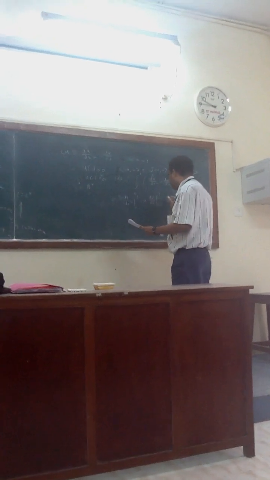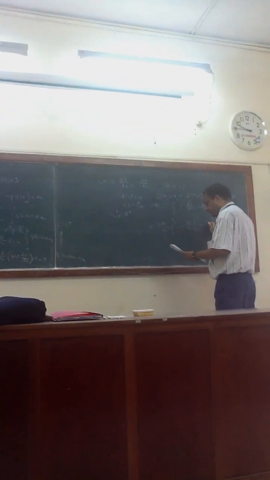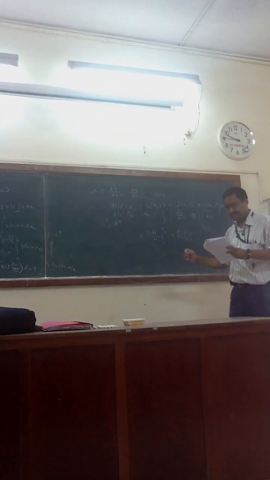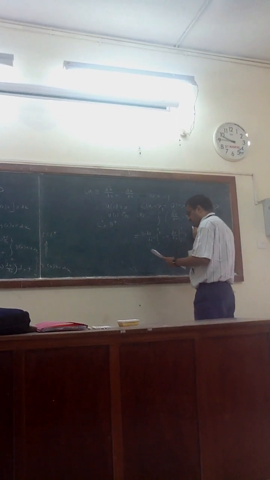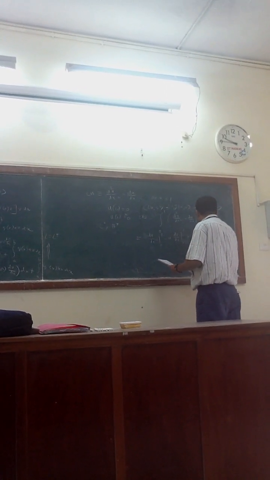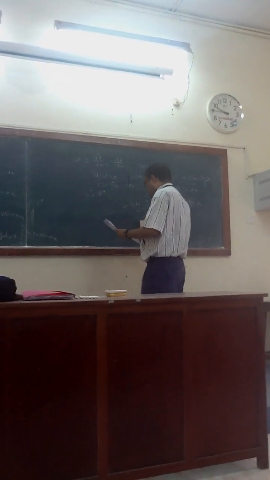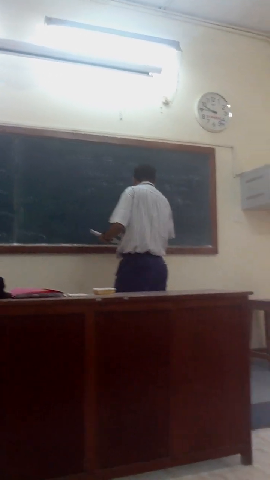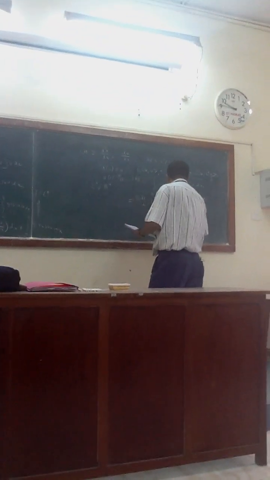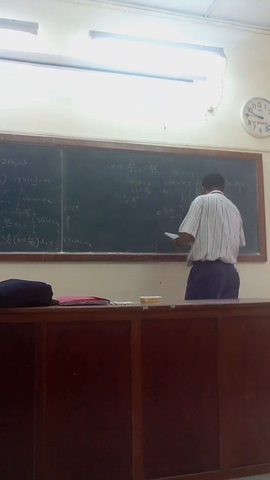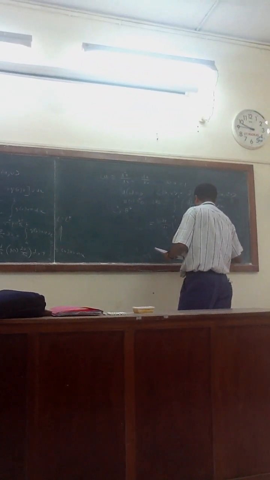Okay, next step, plus integral 0 to 1 u d2v dx square dx, then minus uv from 0 to 1 plus integral 0 to 1 u dv dx dx.